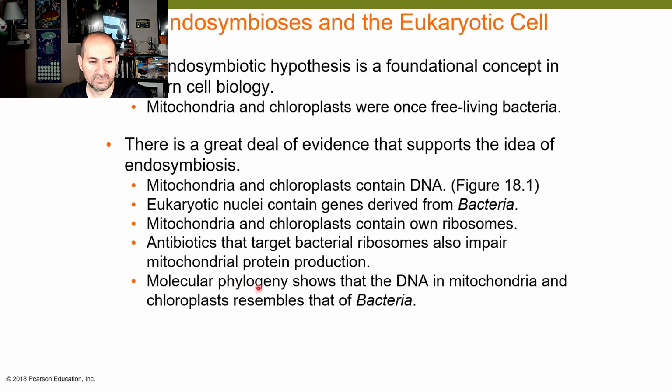And then molecular phylogeny shows that the DNA of mitochondria and chloroplasts resembles that of bacteria. So there are DNA sequences in mitochondria that are very similar to those sequences found in bacteria. So these are evidence of the endosymbiotic theory, that the mitochondria and the chloroplasts originated as once upon a time bacterium.